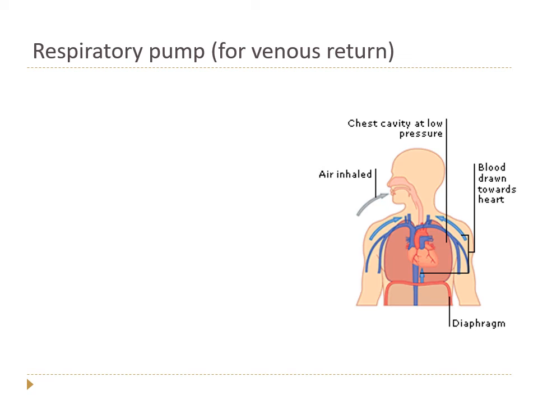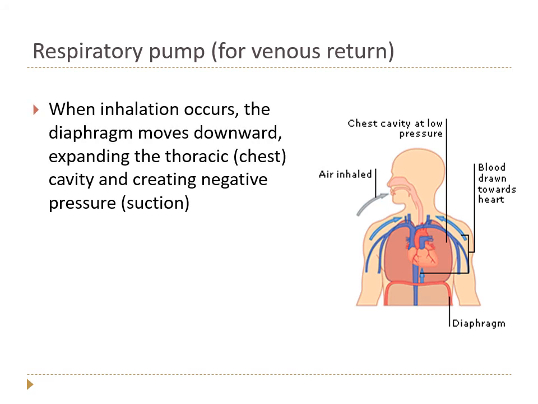The other mechanism for venous return is what we call the respiratory pump. We haven't learned about the respiratory system yet, but I'm going to give you a spoiler. When we take a breath in, our diaphragm, that big dome-shaped muscle that separates the abdominal from the thoracic cavities, moves downward. It's kind of like pulling the plunger on a syringe. It creates what we call negative pressure or suction in the thoracic cavity.